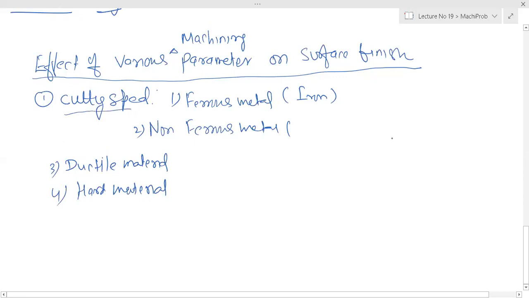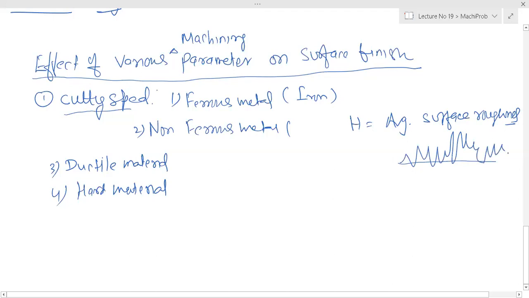So you know what is surface finish? Surface finish H is the average surface roughness. When we see from the microscope, your surface looks like this. Finally, you take the average.